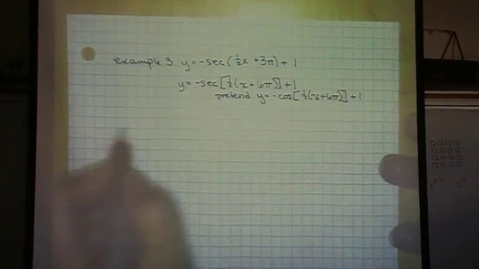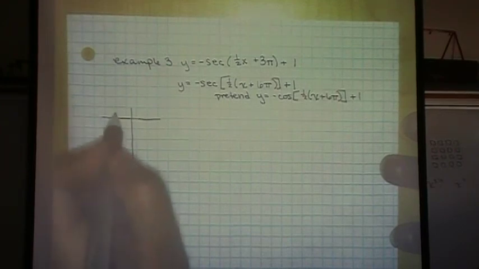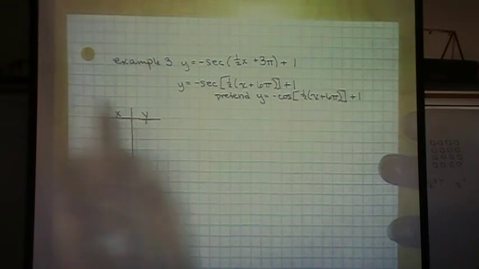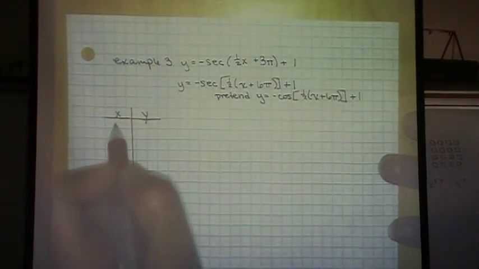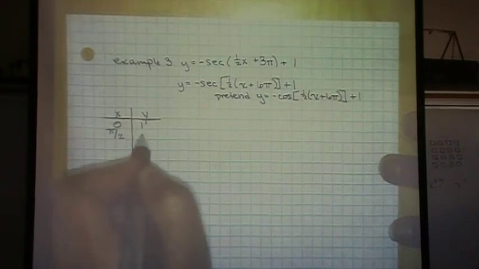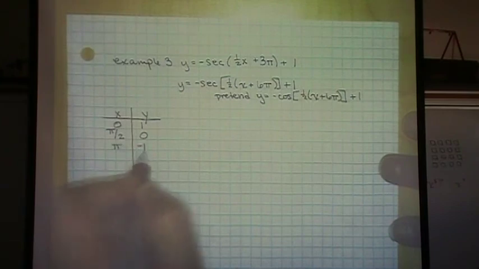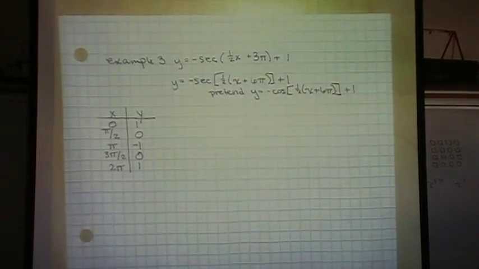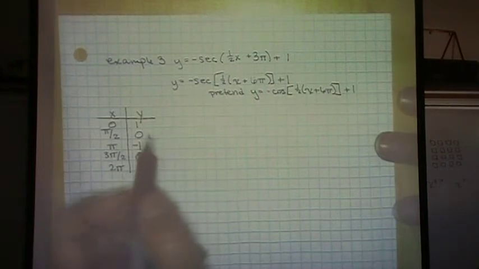Okay, so let's make our tables. So cosine starts at 0, but the y is at 1. Pi over 2, 0, pi, negative 1, 3 pi over 2, 0, and 2 pi back to 1. Okay, so let's start doing our transformation.